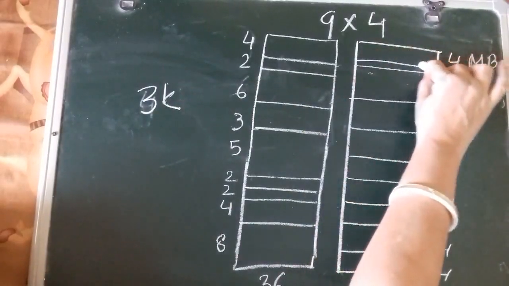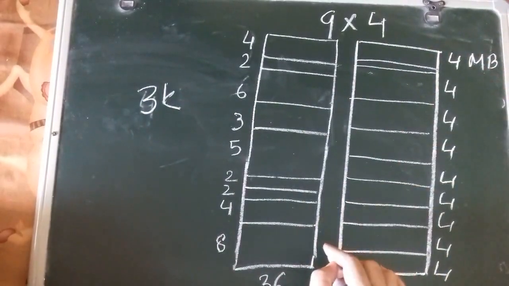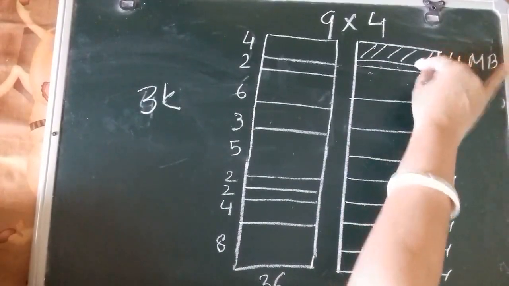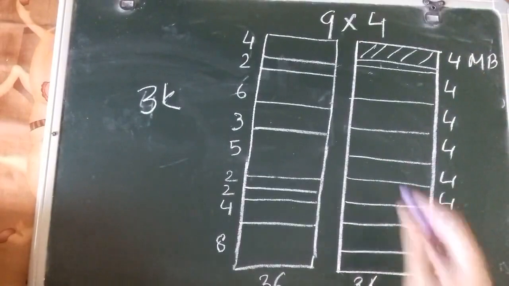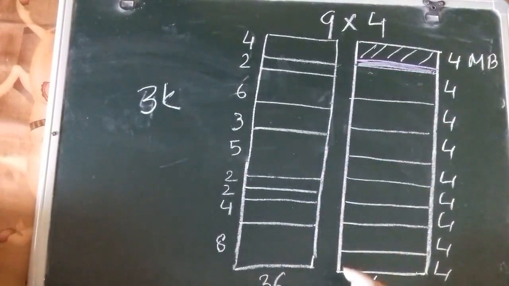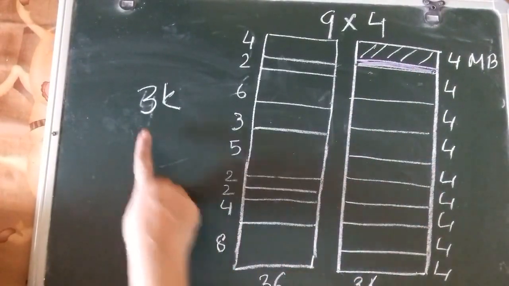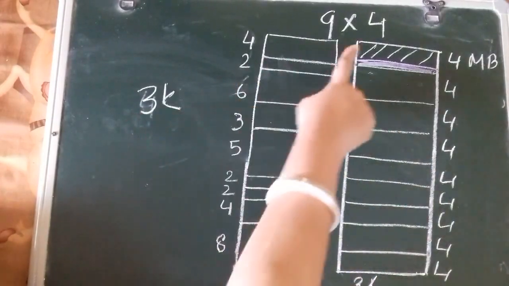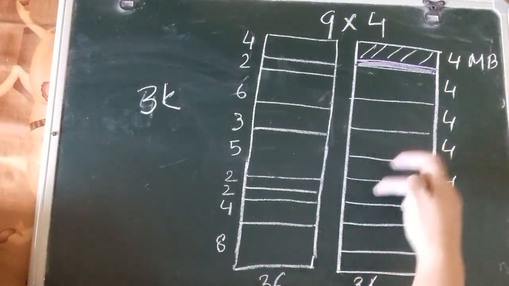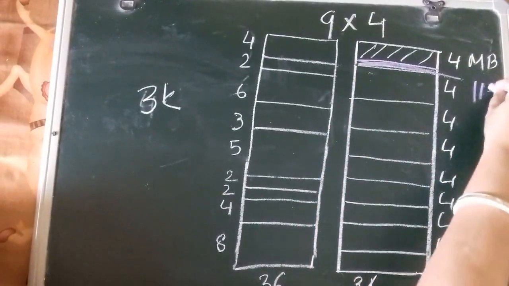It will occupy one block from the available ones. So this will be occupied. What about this portion? This portion will be wasted. This is called fragmentation, specifically internal fragmentation. As 3K memory came and available memory is 4K, 1K will be wasted.